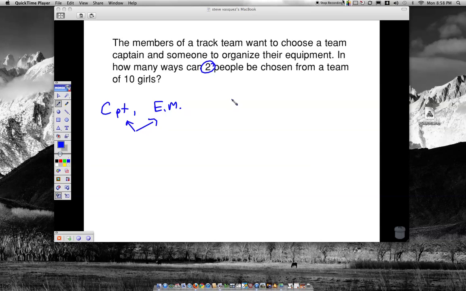So here we go. We've got 10 P 2, and we're going to put 10 factorial on top over 10 minus 2 factorial on the bottom.